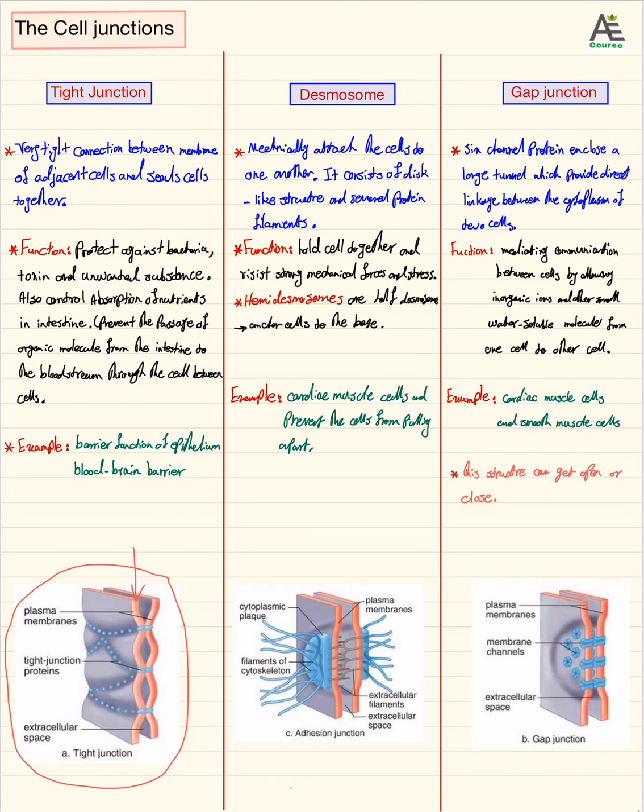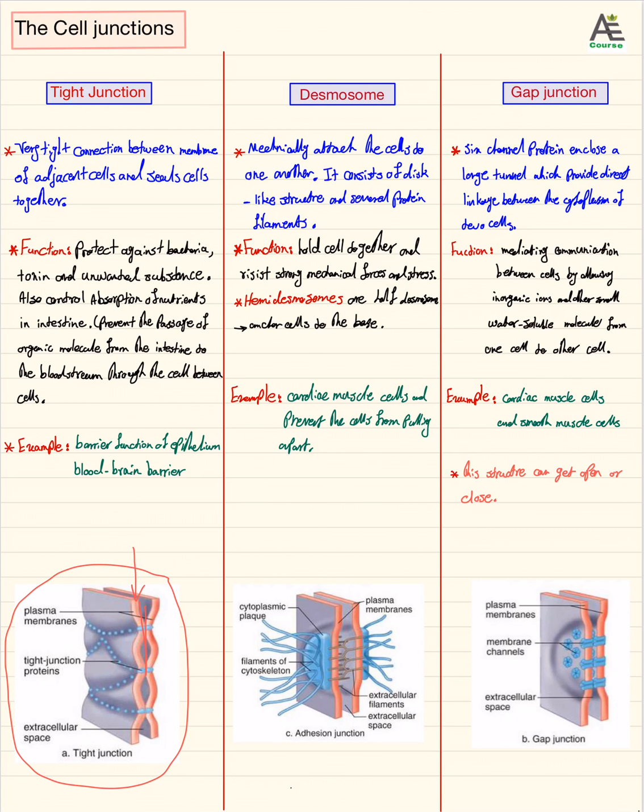So these tight junctions will not allow those substances to go to the bloodstream from the space between these two cells. They must go into the cell, and after they pass the cytoplasm, they will flow into the bloodstream.